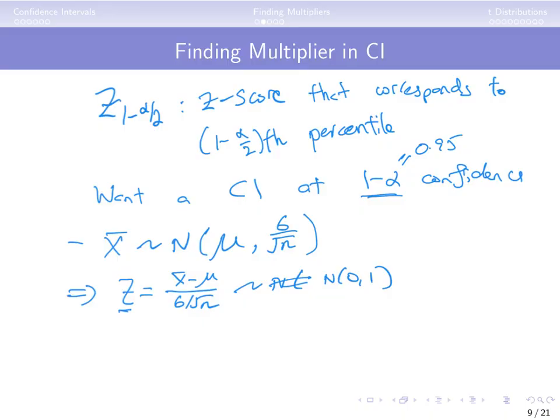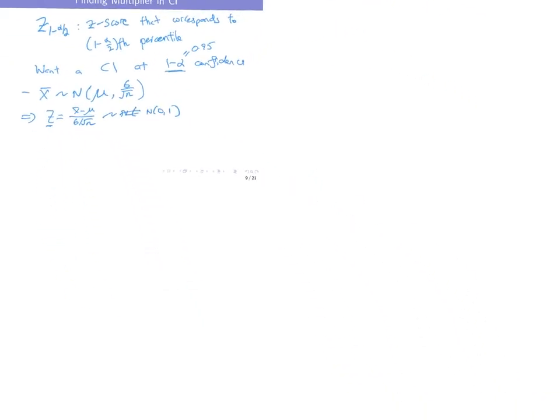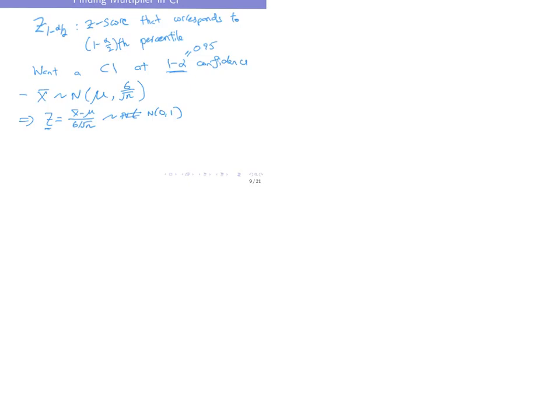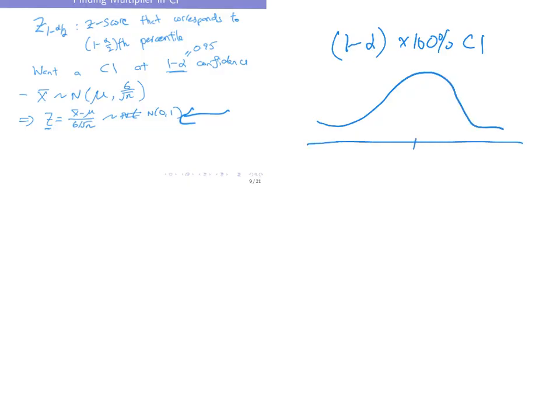Right, so we know these facts, and we're going to apply them to work through why the formula is the way it is. Pictorially, here is what we want with a 1 minus alpha times 100% confidence interval. Let's sketch the PDF of a standard normal, centered at 0.